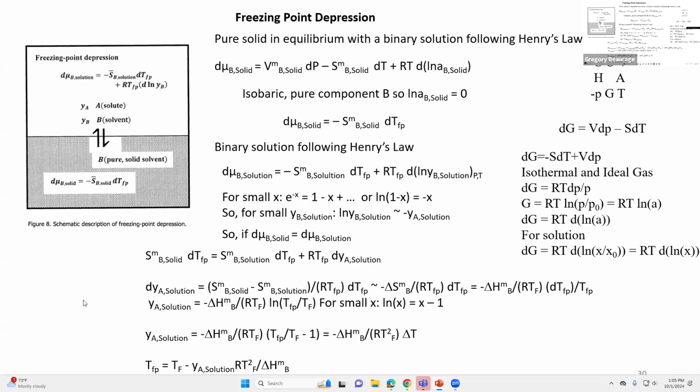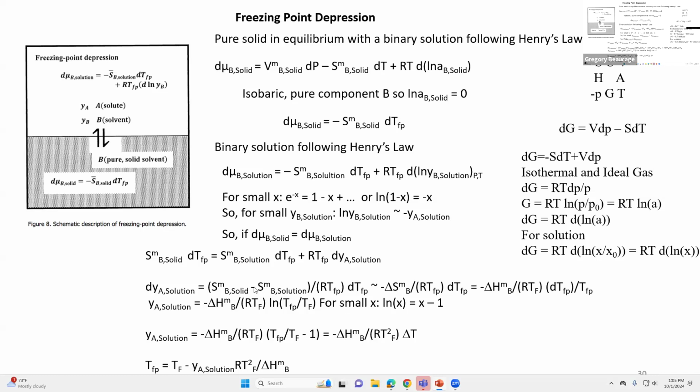So you have delta S dT, and divide by RT, which is a prefactor for y when you said RT ln of the activity. And then you get that expression. So you have a differential equation for dy, which you can integrate. Basically, you'll end up with this.